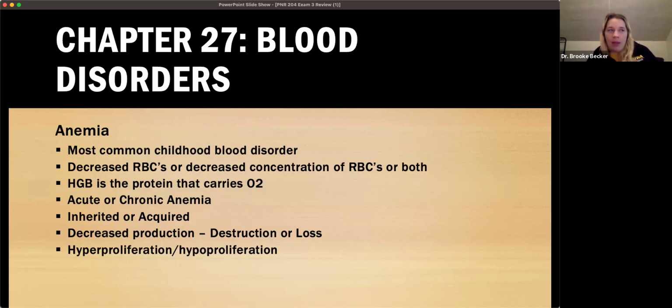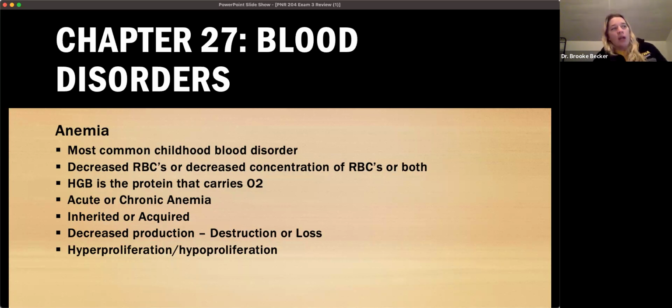So blood disorders. Anemia is going to be your most common blood disorder. Usually there is a nutritional reason why these kids are anemic, most commonly iron deficiency anemia. Anemia essentially means decreased red blood cells, or decreased concentration of red blood cells, or a combination of both. So they don't have enough and it's not circulating like it should.